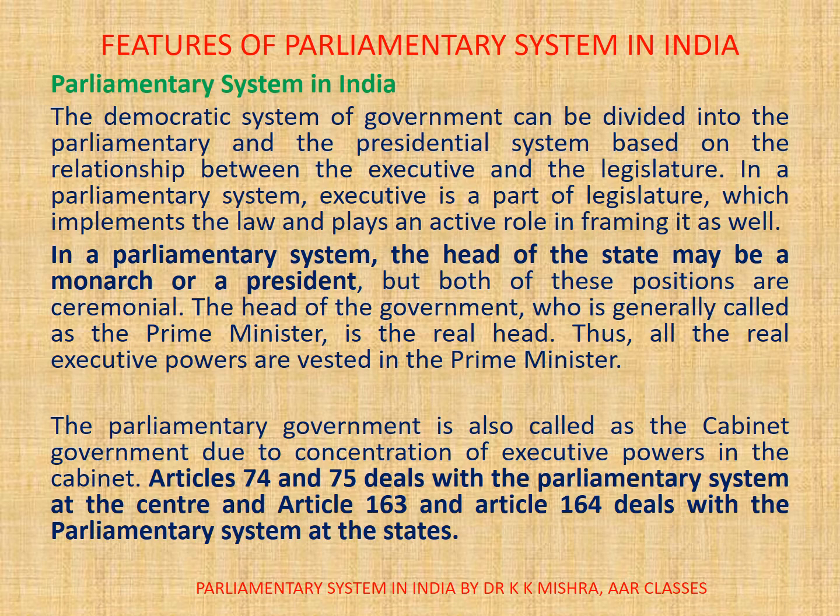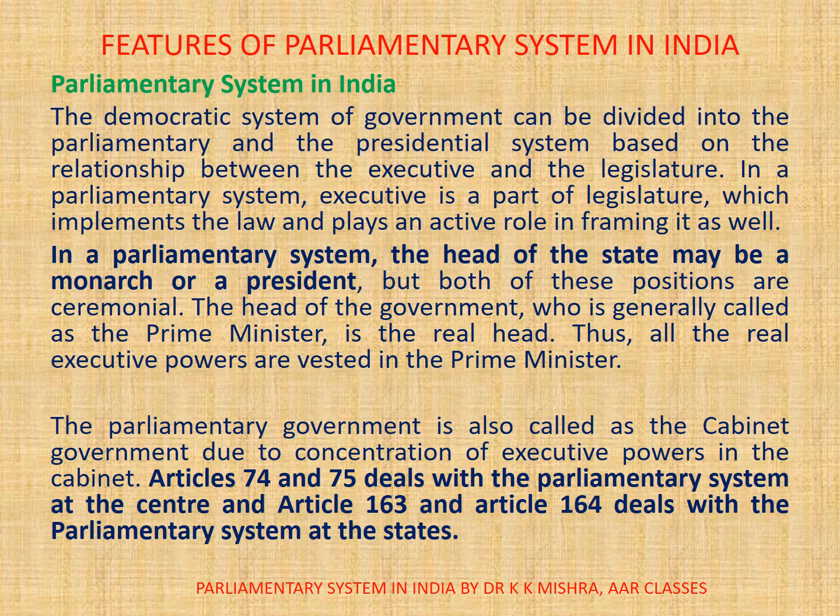In a parliamentary system, the executive is a part of the legislature, which implements the law and plays an active role in framing it as well. In a parliamentary system, the head of the state may be a monarch or a president, but both of these positions are ceremonial. Actually, the head of the government, who is generally called the Prime Minister, is the real head.